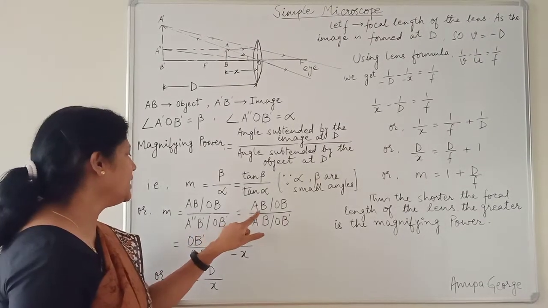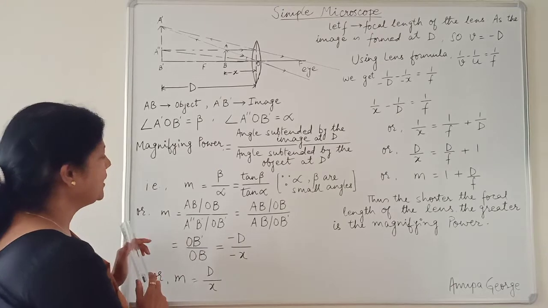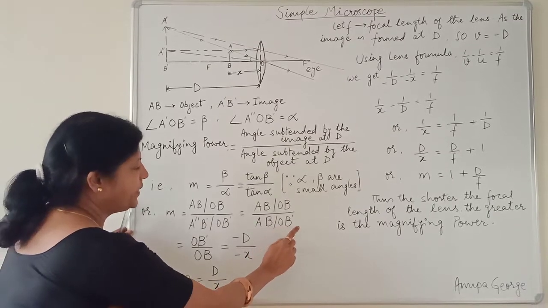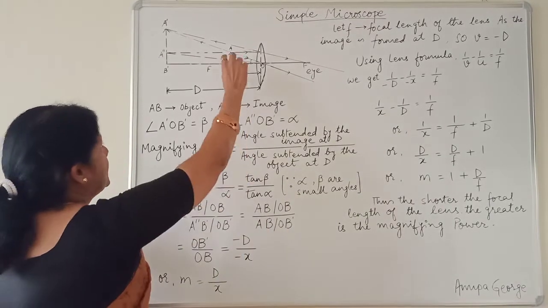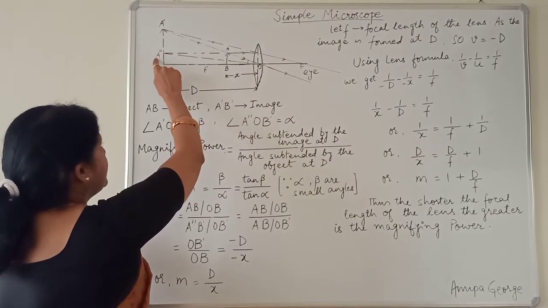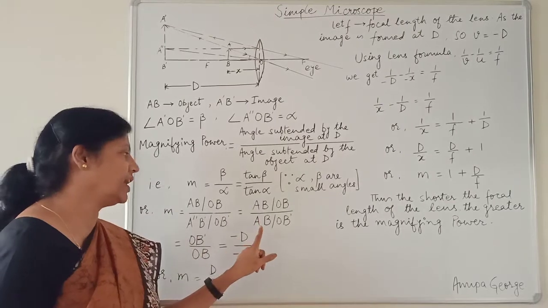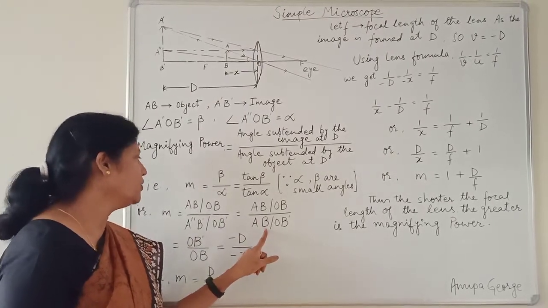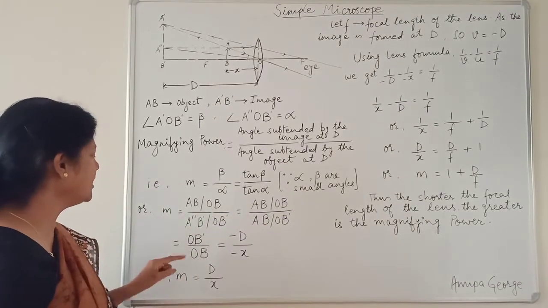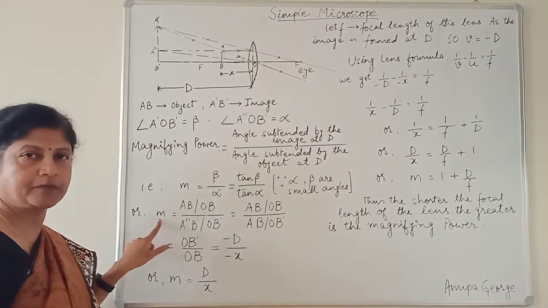Since A double dash B dash is equal to AB, after simplifying we can write OB dash upon OB. It is the magnifying power.